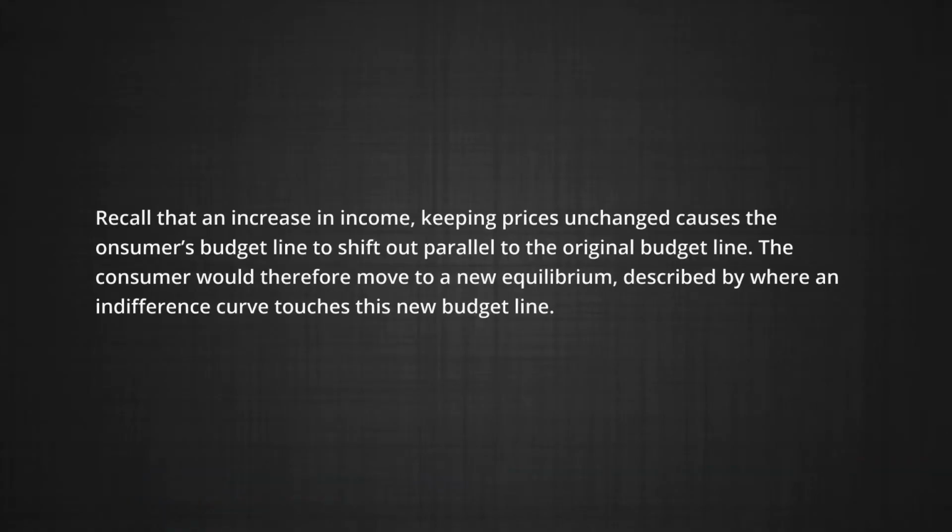What would happen if the consumer's income had gone up? Recall that an increase in income keeps prices unchanged, and this causes the consumer's budget line to shift out parallel to the original budget line. The consumer would therefore move to a new equilibrium described by where an indifference curve touches his new budget line.